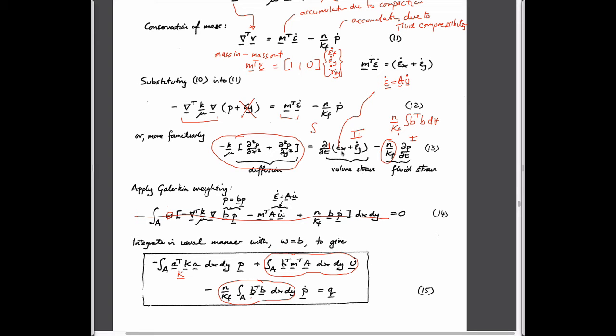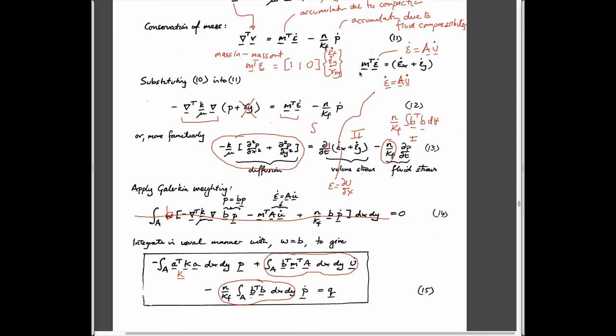And it's not because this is epsilon, which is equal to du dx. So it's actually first order. This is second order, this is zeroth order, and this is first order. So we can't just weight it by the B transpose B matrix. We have to actually substitute into here the fact that epsilon dot is equal to A U dot.